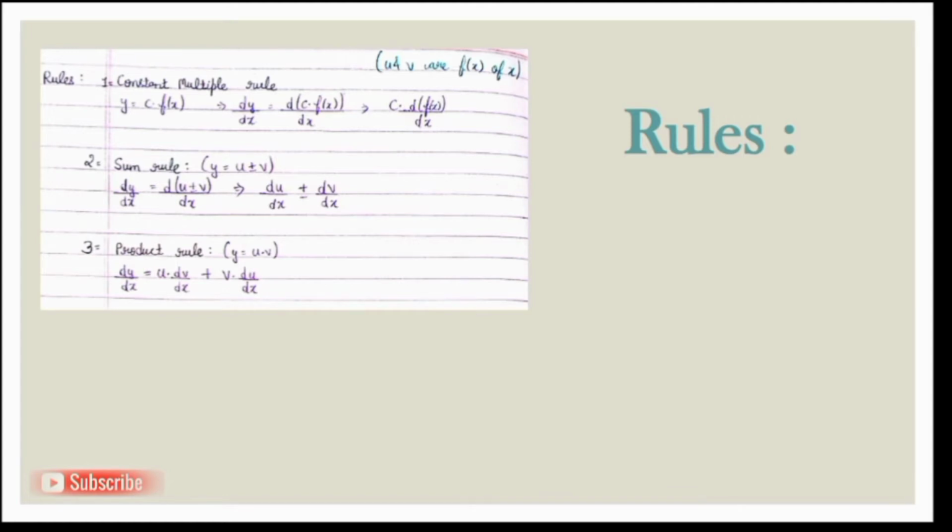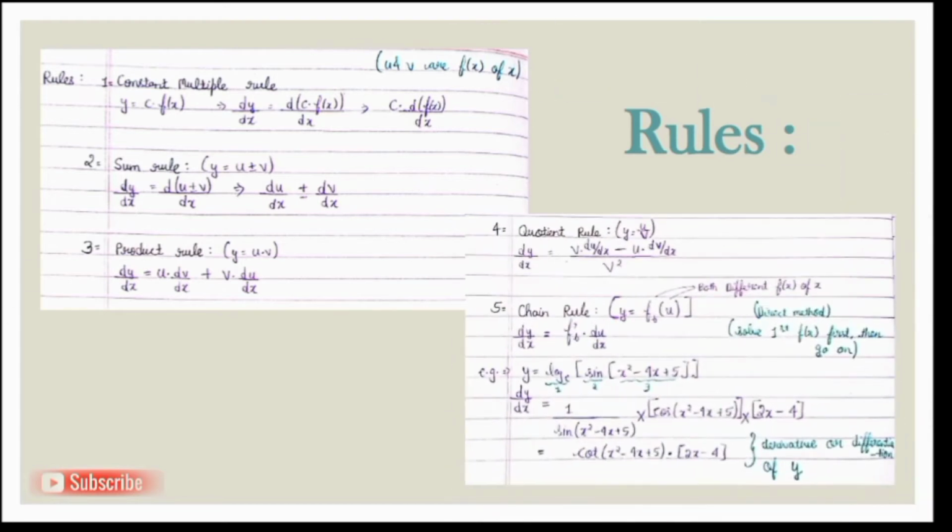So we have covered summation and subtraction. Now let's move to the product rule. y equals u into v. It's very important. dy upon dx is u into the differentiation of v plus v into the differentiation of u. We have to differentiate the individual terms u and v. Now let's move to another slide and see the rest of the rules. Fourth is the quotient rule, which stands for y equals u upon v.